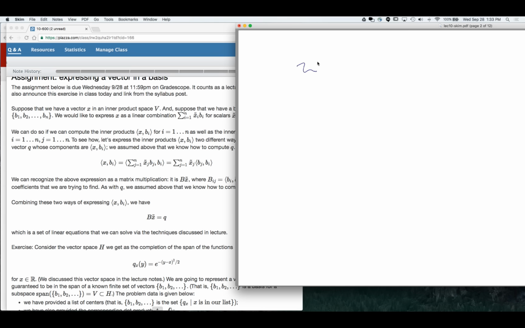All right, so we have a vector space V, and that's equal to the span of a whole bunch of functions, right? And those functions are of the form q_x. The function q_x takes an argument y, and it maps it to exp of minus 1/2 (x minus y) squared, right? So that looks like this.